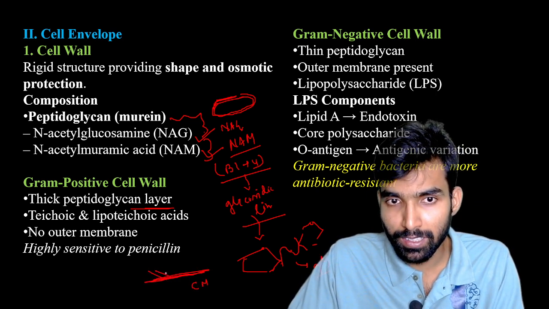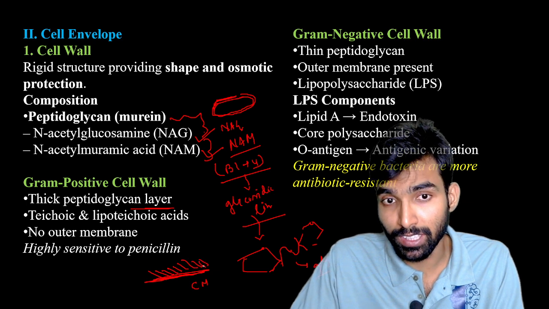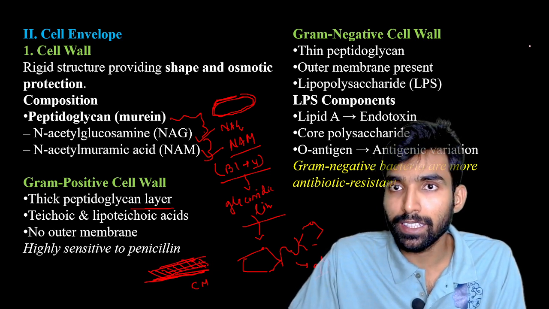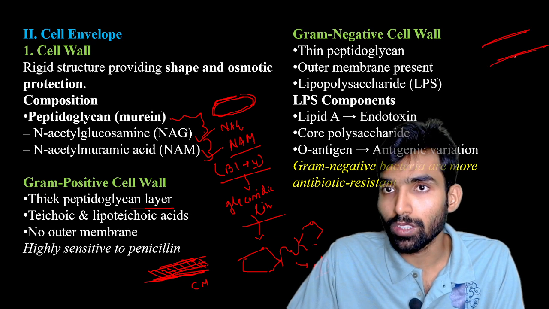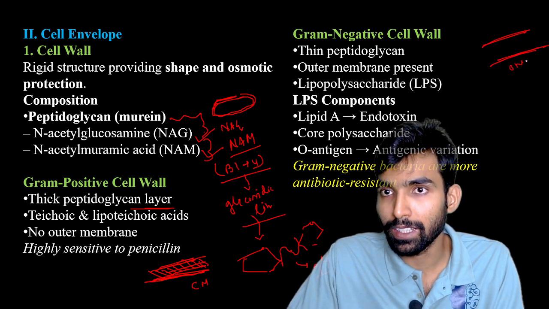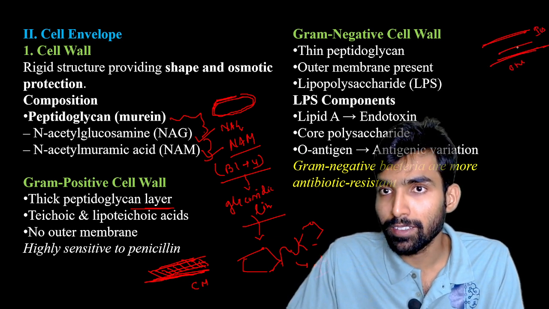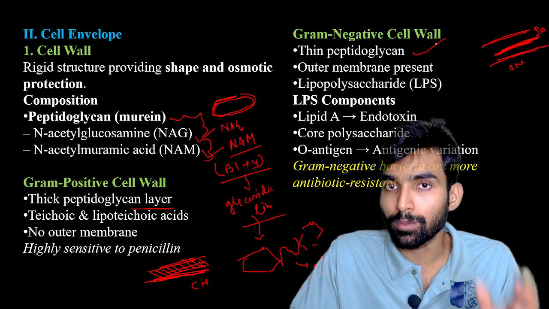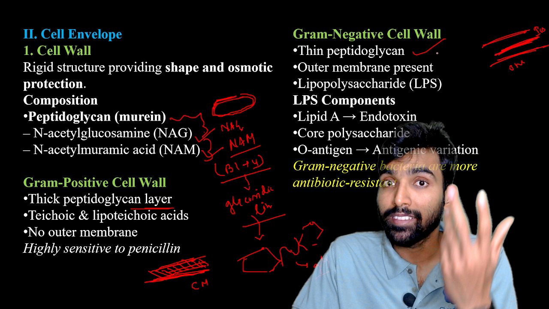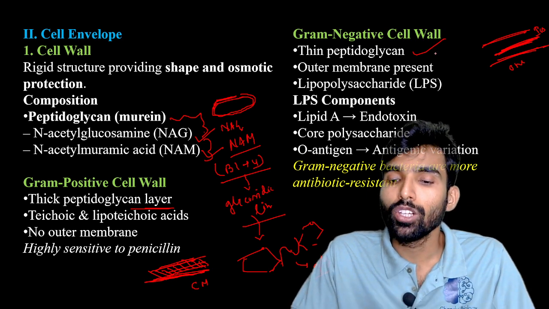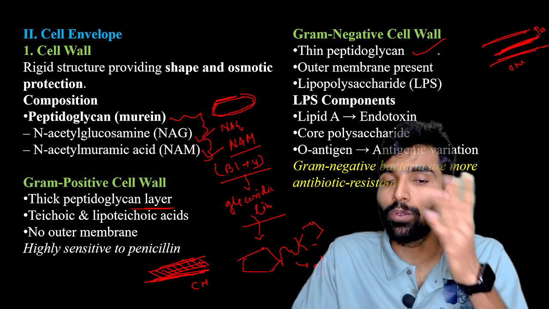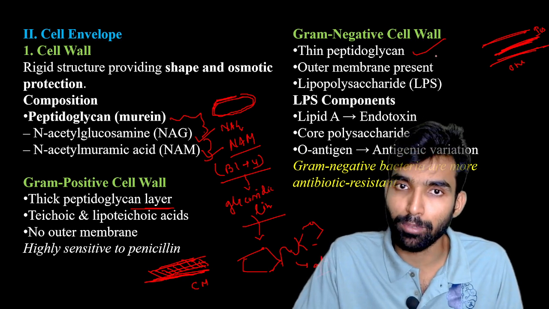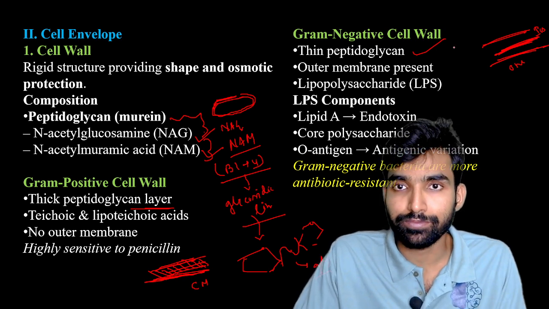In gram negative, we have two membranes, an outer membrane and an inner membrane, and inside a thin peptidoglycan layer. As it's thin, it can easily lose the stain and you can stain it with the counterstain. That's how the names gram positive and gram negative came.